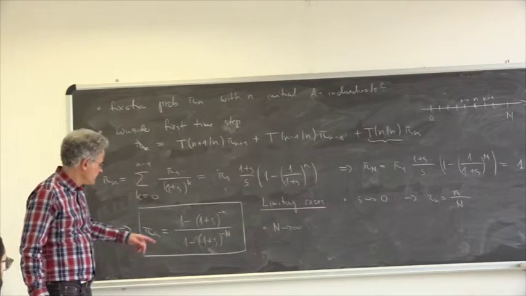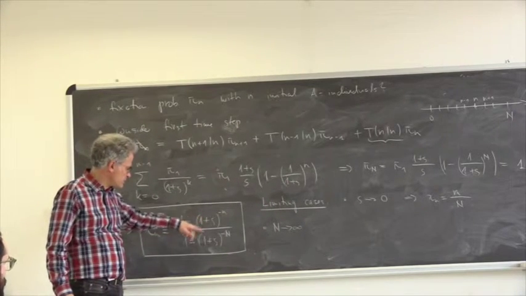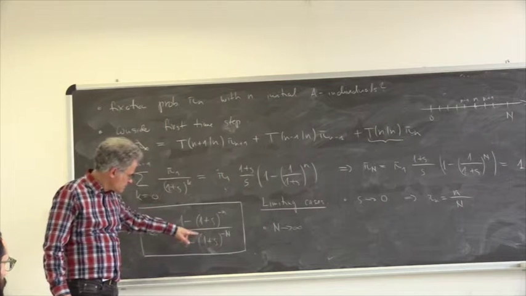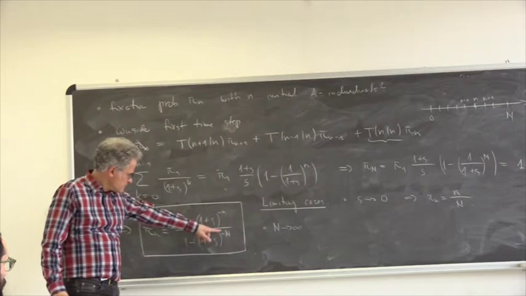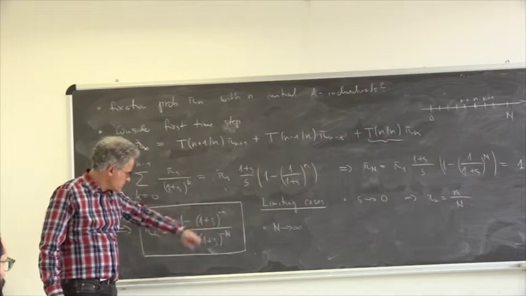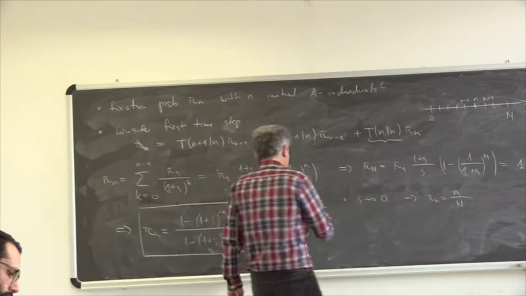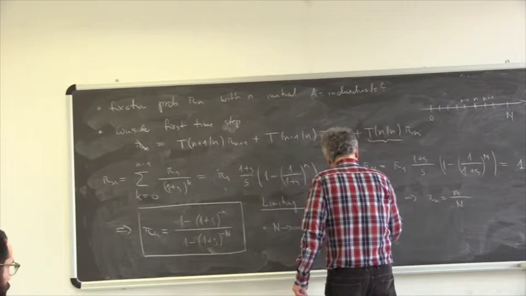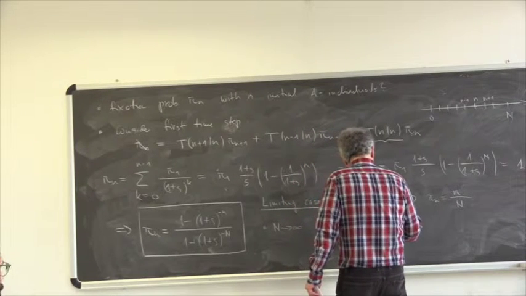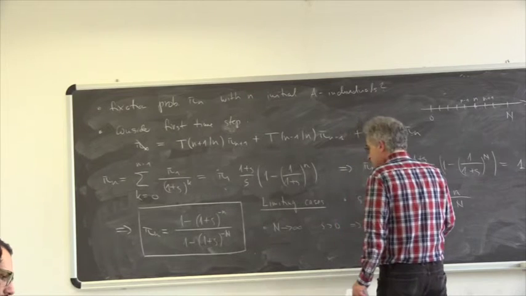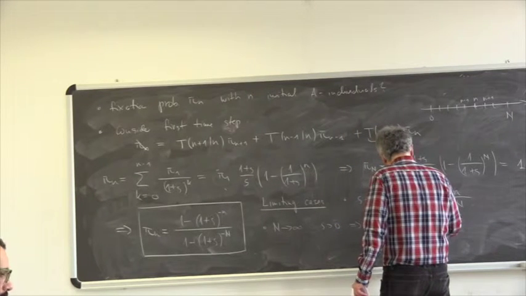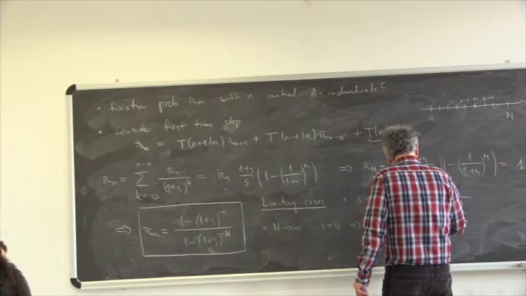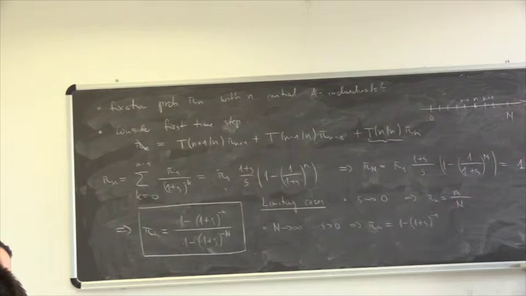If s is positive, then you see that this term here, 1 plus s to the minus capital N, will go to 0, right? So if s is positive, then pi n will become independent of the population size, and it will be 1 minus (1 plus s) to the minus n. Is that less than 1 or bigger?